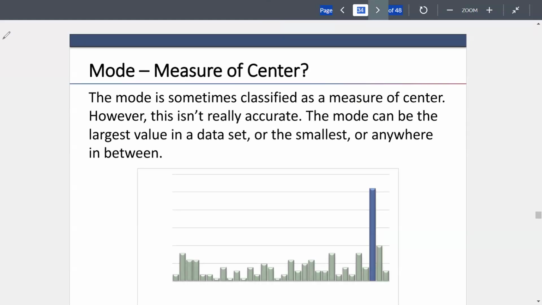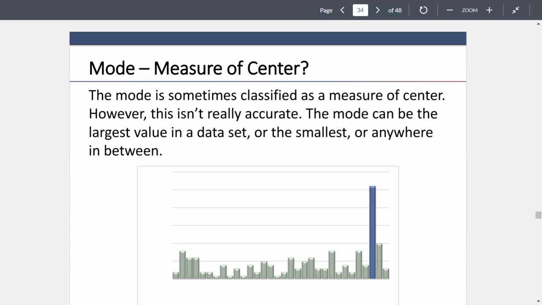Expounding on that, the mode is classified as a measure of center. However, this isn't accurate. The mode can be the largest value in the data set, or the smallest, or anywhere in between. In this case, this is my data's distribution. Somewhere around here is the center, but we see that the mode is over here, not exactly in the center of the data.